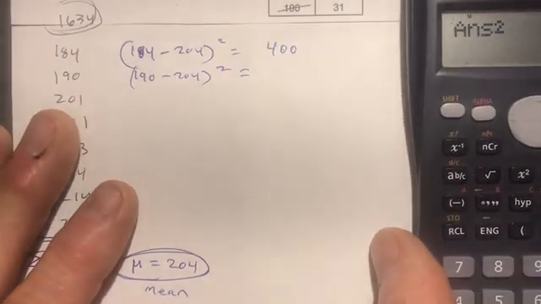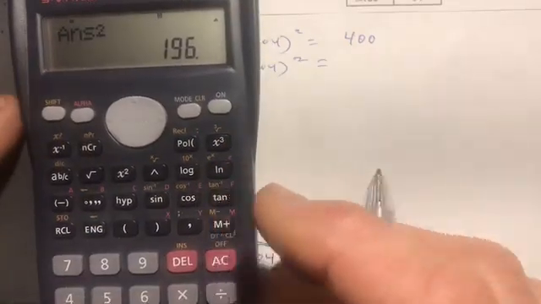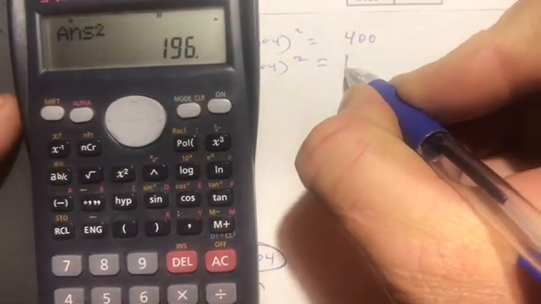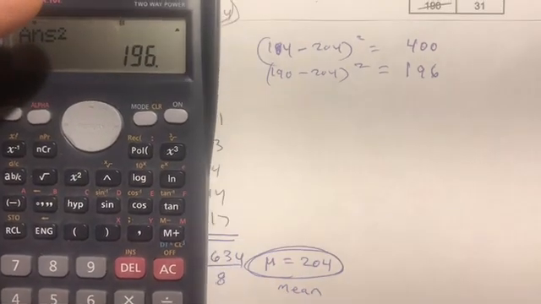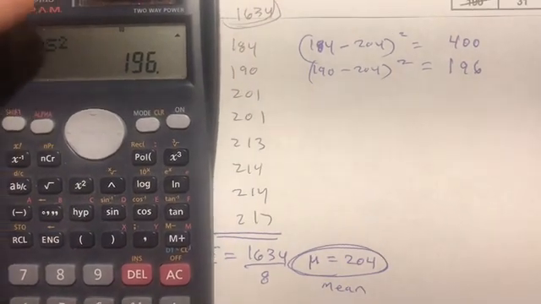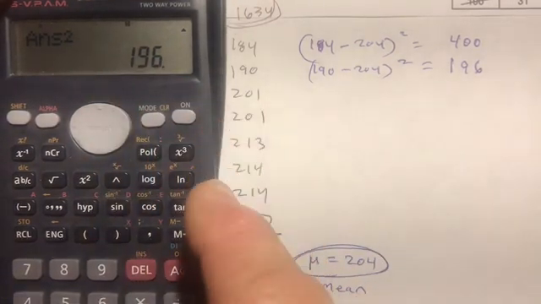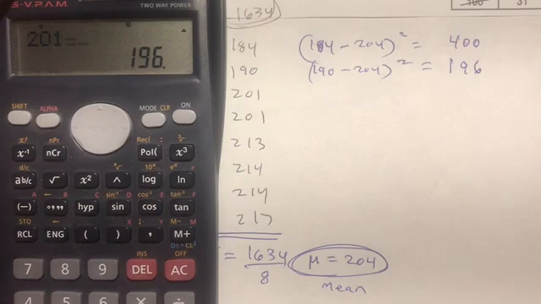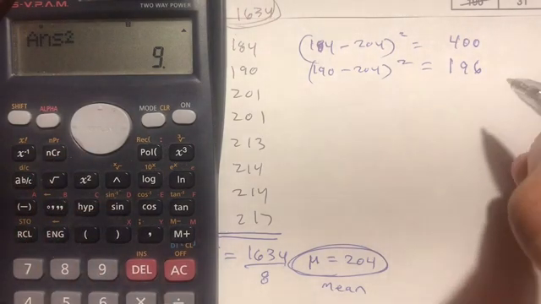Maybe I should move this over here. So this is 196. Okay, let's get this little, there we go. Now I think we're set. Now I'm going to do 201. So 201 minus 204 equals, square equals, that's 9.